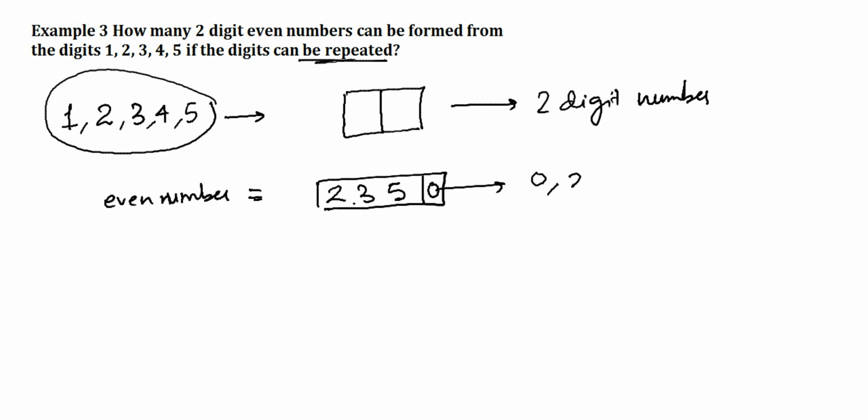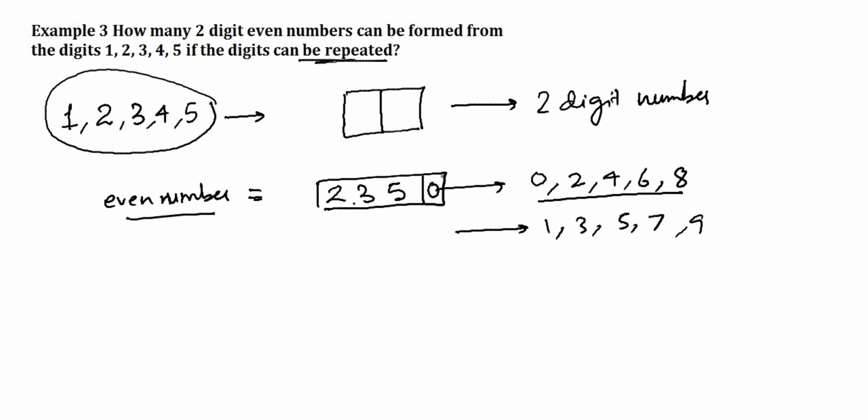Had it ended with 2, 4, 6, 8, then in that case also it would be an even number. But if this number in its last place has 1, 3, 5, 7 or 9, then it would be an odd number. So this means that a number is even if the last digit, that is the ones place digit, is even. That is, it is 0, 2, 4, 6 or 8.